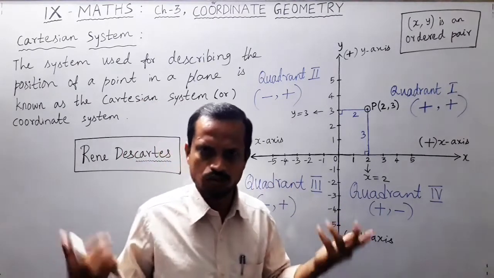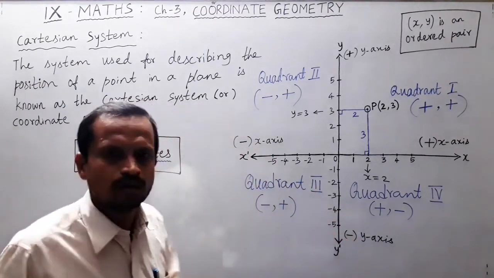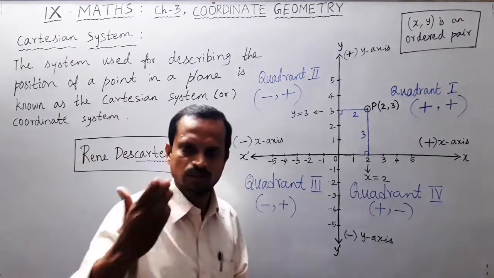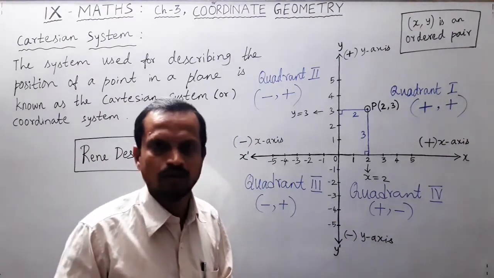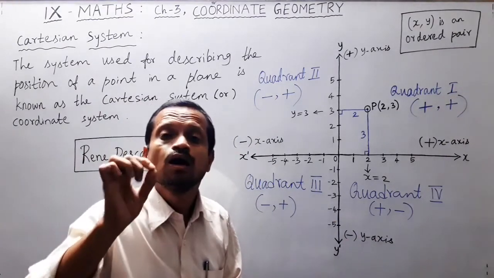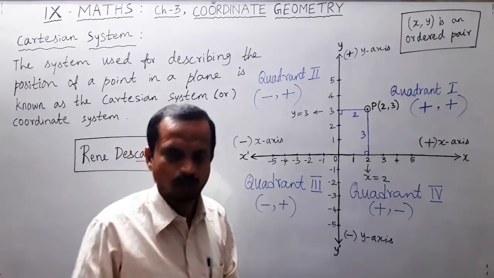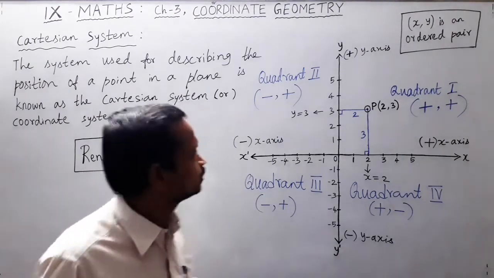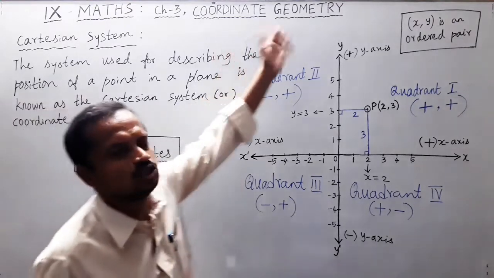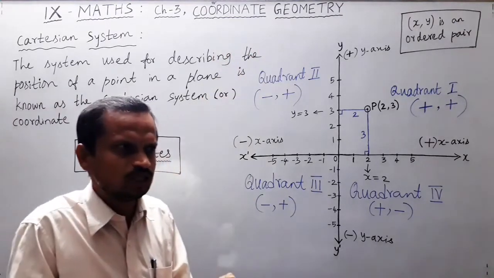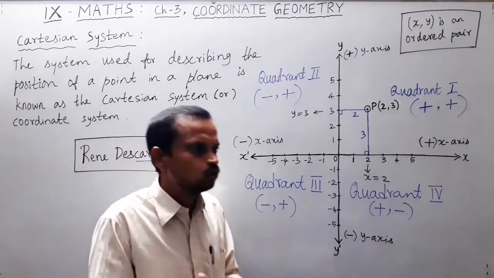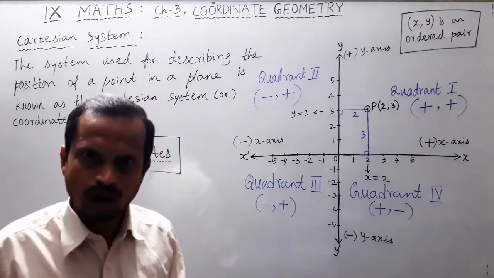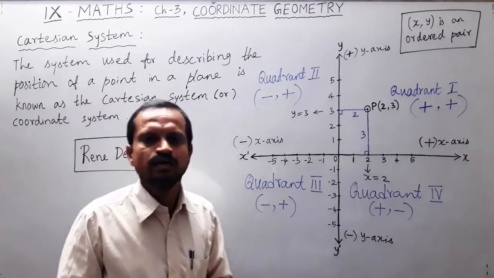Plane means the board. On this board, if you draw a line, you can measure the distance of the line by using the points, the coordinates. The point is called a coordinate here. That is called coordinate geometry. Solving geometrical problems using coordinates is called coordinate geometry.